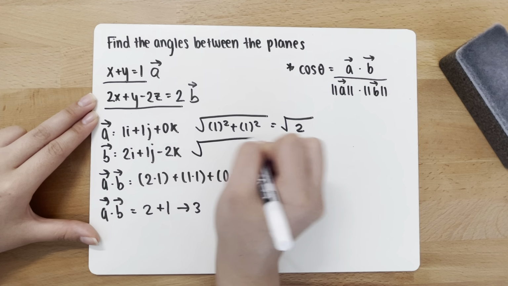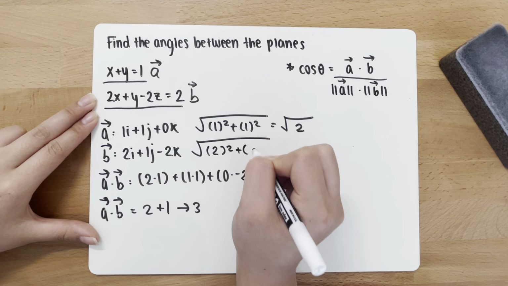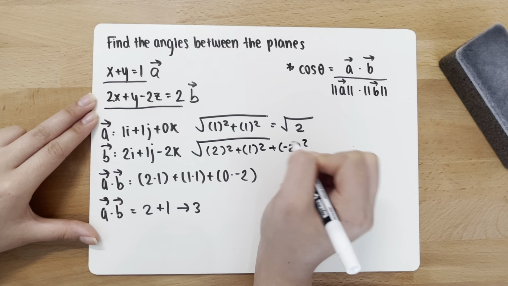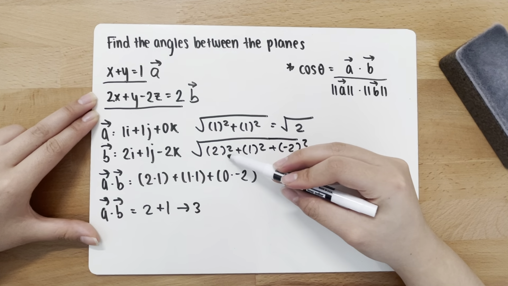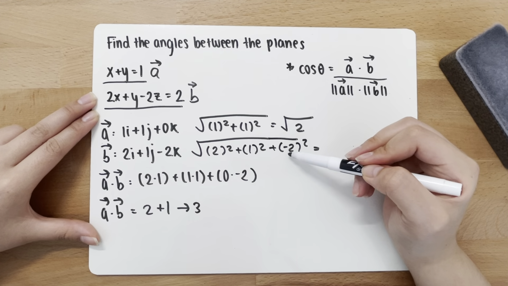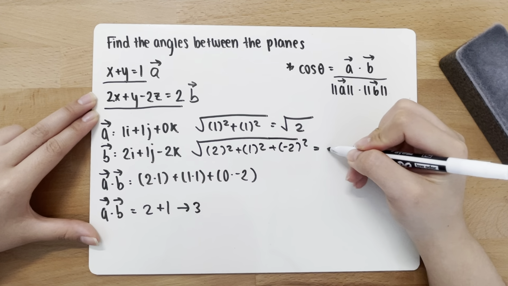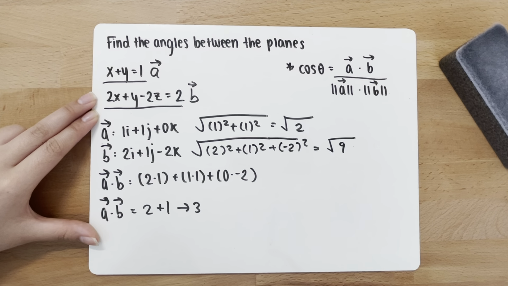And for B, you find the root of 2 squared plus 1 squared plus negative 2 squared. 2 squared is 4, 4 plus 4 is 8, plus 1 squared, which is 1. So 8 plus 1 would be 9. So it will be the square root of 9.